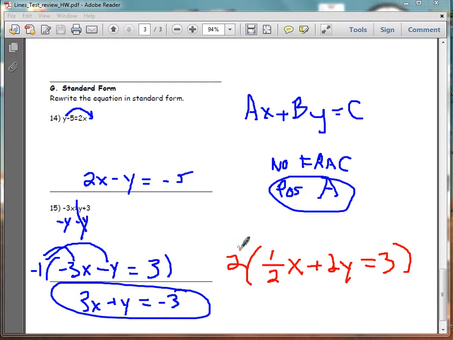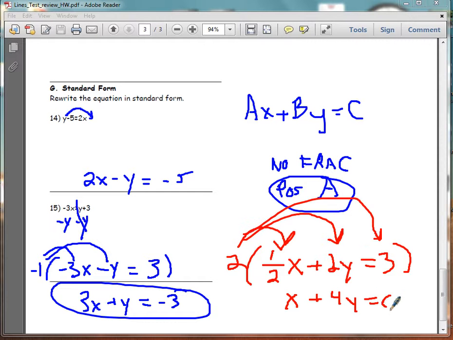Okay, multiply everything by 2. Okay, 1/2 times 2 is 1, so this becomes 1x, also known as just x. And you get 4y. And then don't forget to multiply the constant by 2 also, is equal to 6. Standard form, we have no fractions, and our a is positive. We have a positive 1.